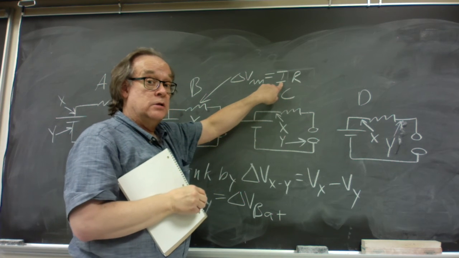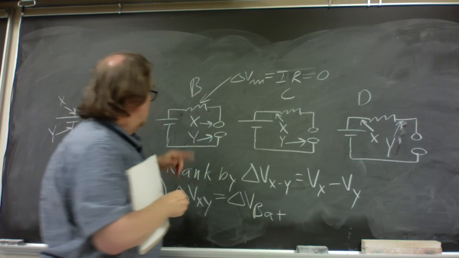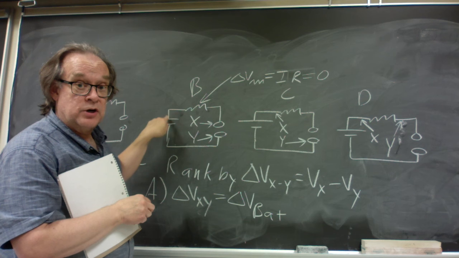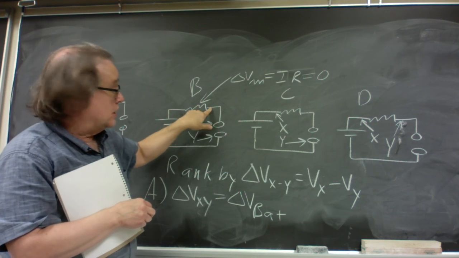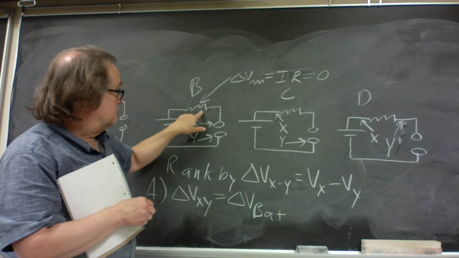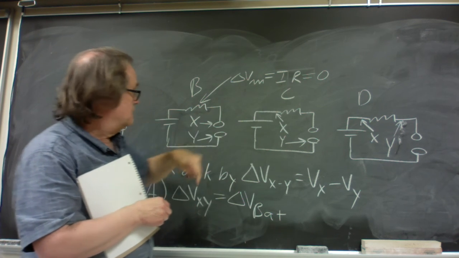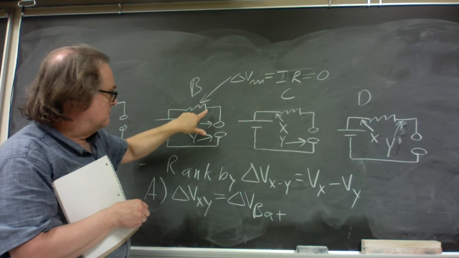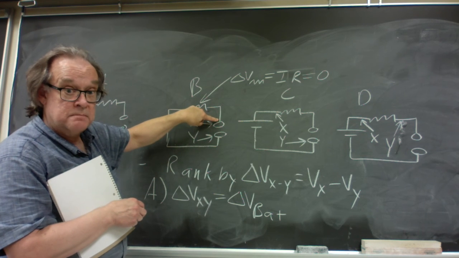But there is no current, so there is no potential difference. So the potential here is, of course, the same as the potential here because they're connected by nothing but wire, and the potential difference here and here are the same because there is no current passing through. I equals 0. So the potential is the same here as it is here, as it is here, as it is here at point X.